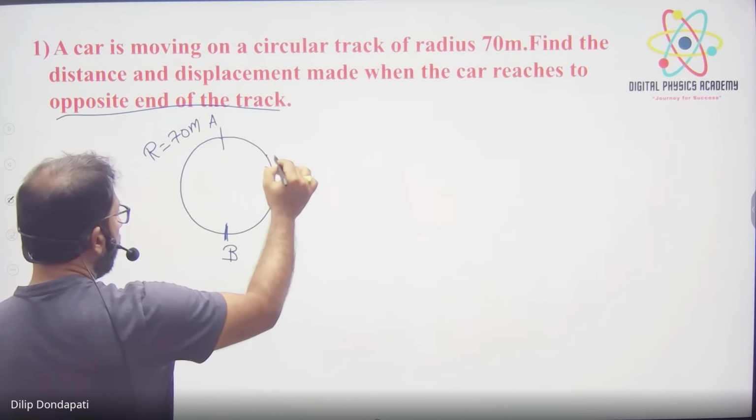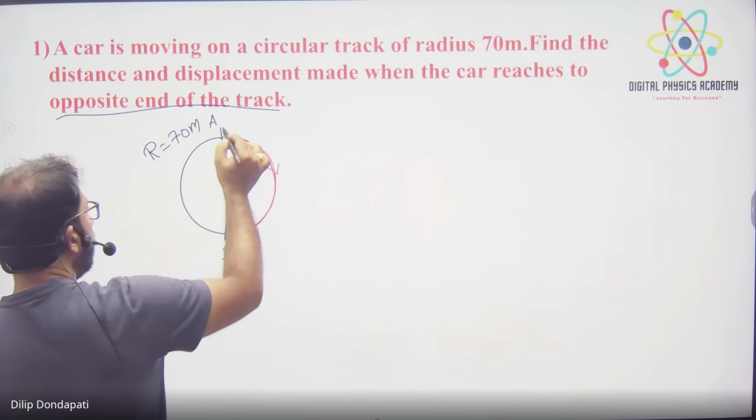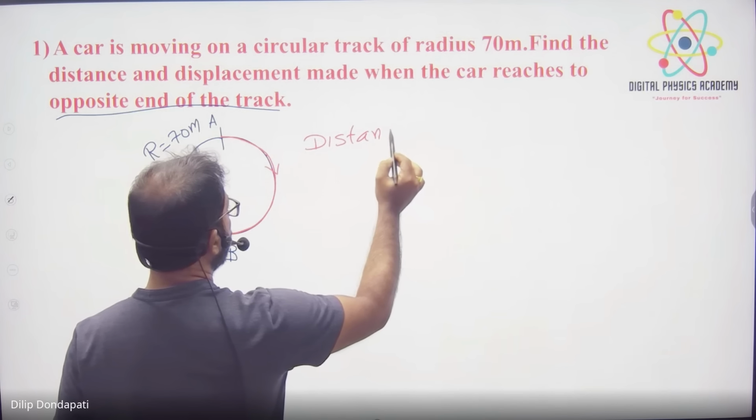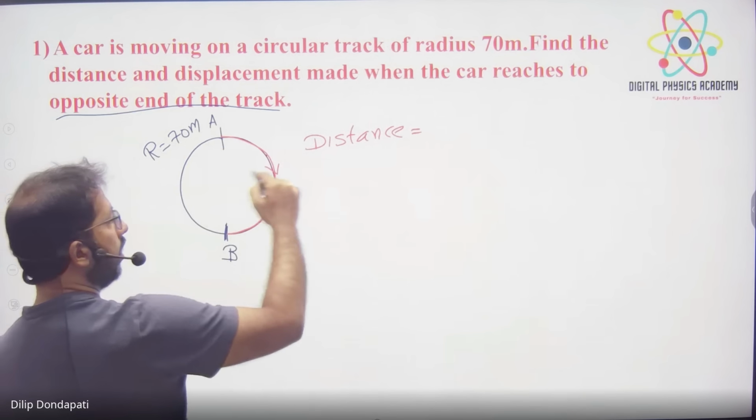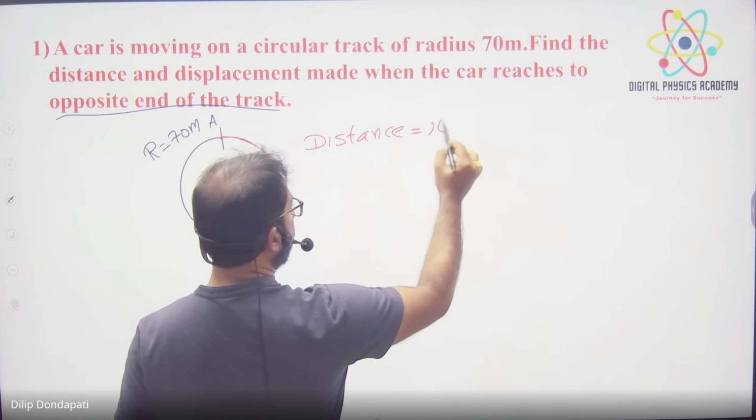Wait, I'm getting it wrong. One second. Distance is actual path length covered. This path, this semicircle, right? So distance is the semicircle; what is the formula? Circumference of a semicircle, 2 pi r by 2 is pi r.